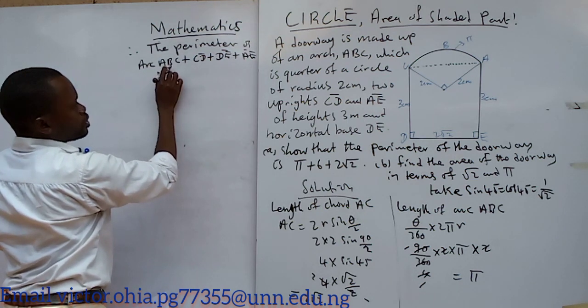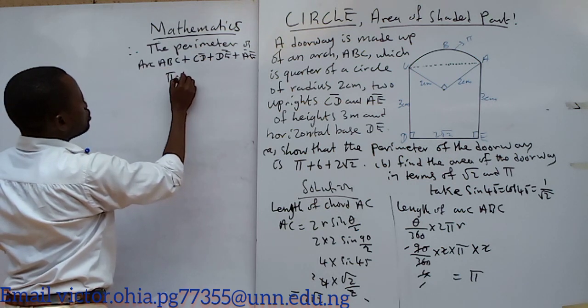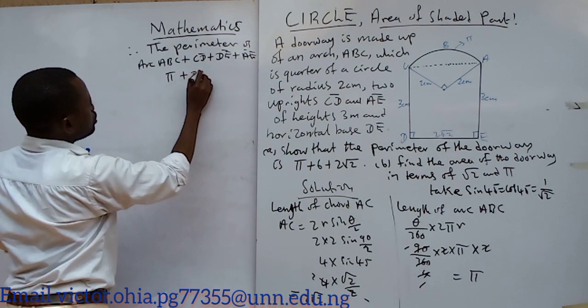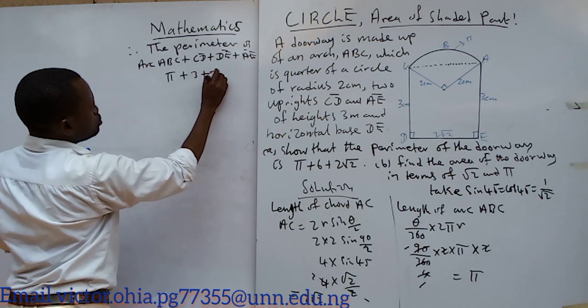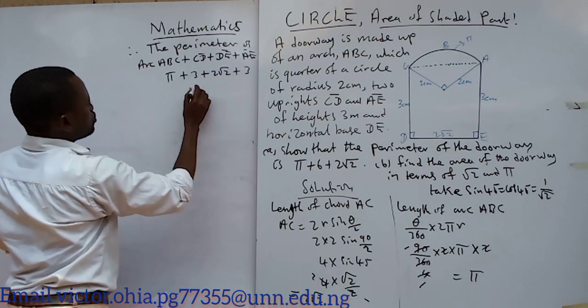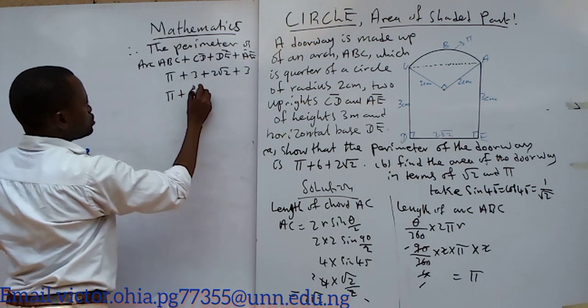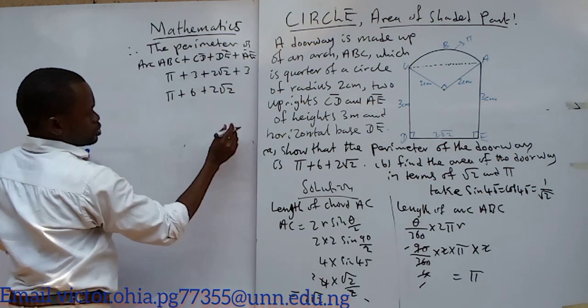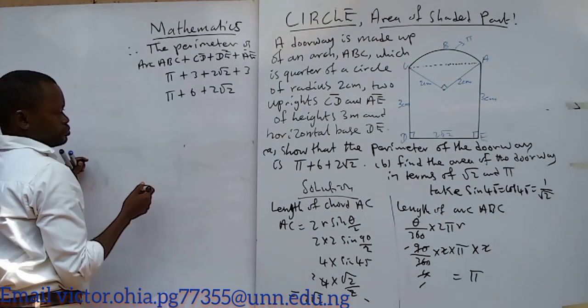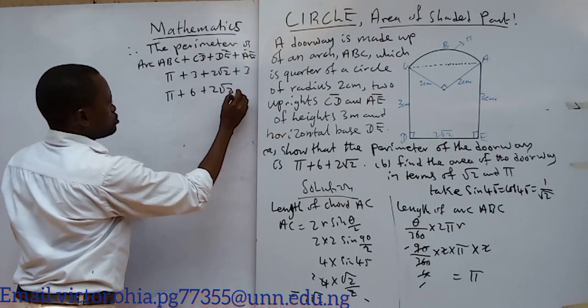And then this one is pi plus 3 plus 2 root 2 plus 3. So this is pi plus this, and this will give us 6 plus 2 root 2, which is what we have here in cm.